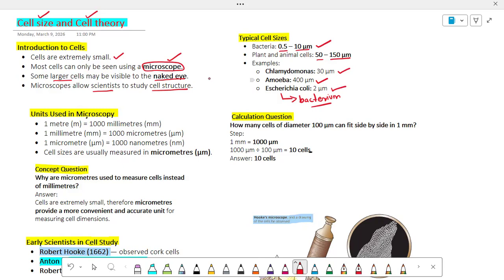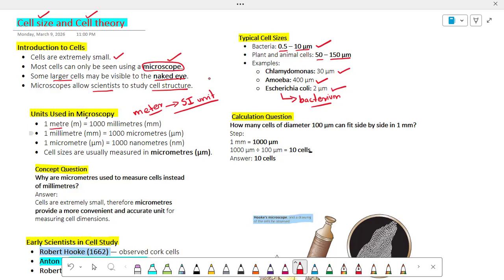So we need some unit to measure the cells when we observe them under the microscope. Typically we know that the meter is a unit of distance or length, and it is an SI unit, meaning standard international unit. But it is a much larger unit to measure the cell. So we need some smaller units to measure the different dimensions of cells.